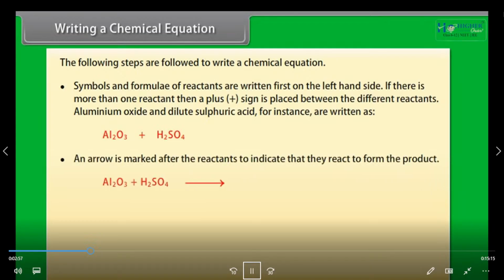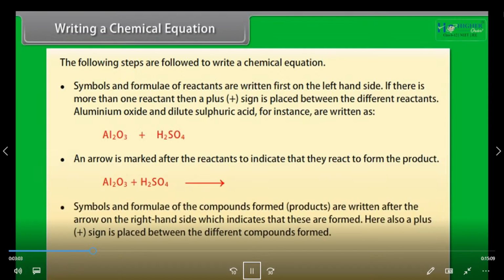An arrow is marked after the reactants to indicate that they react to form the product. Symbols and formulae of the compounds formed, products, are written after the arrow on the right-hand side, which indicates that these are formed. Here also a plus sign is placed between the different compounds formed.